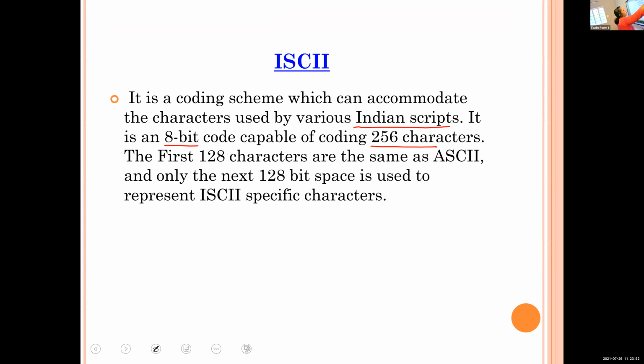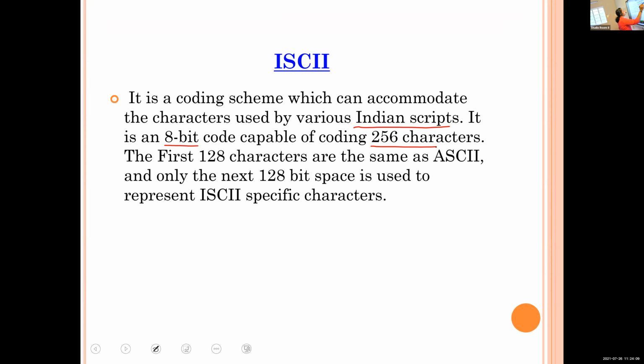Okay, Jacob, how many characters are in ASCII? 128. 128 characters. It's a 7-bit code, and in ASCII we are using 128 characters.